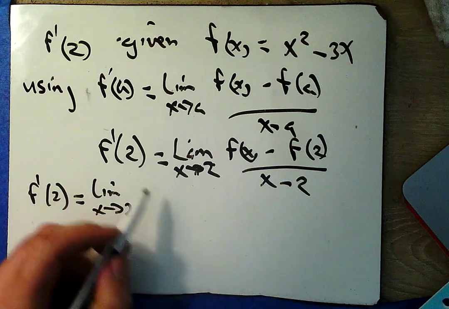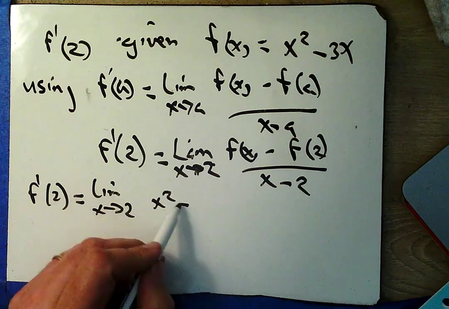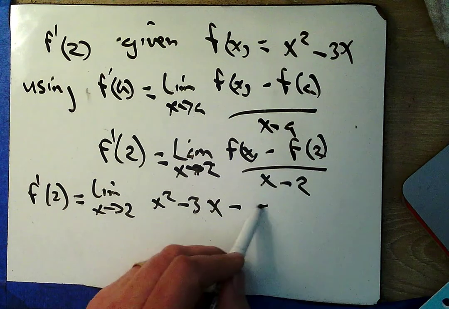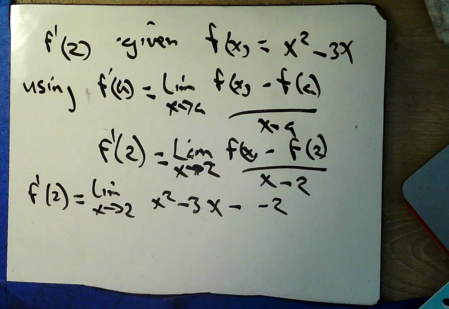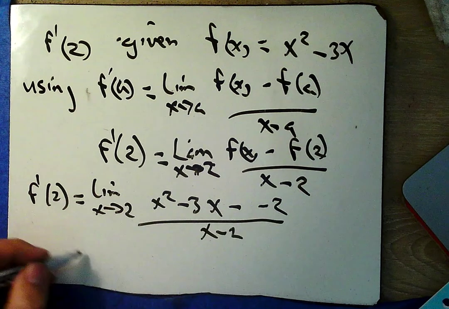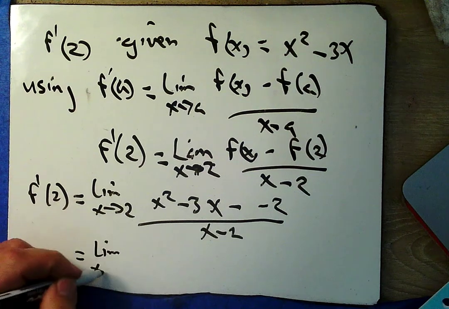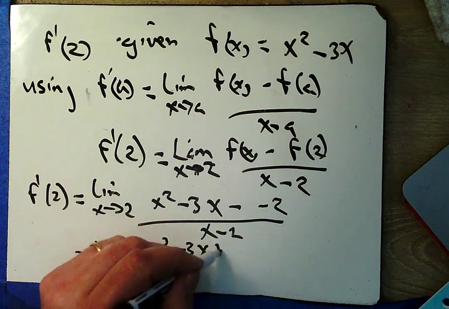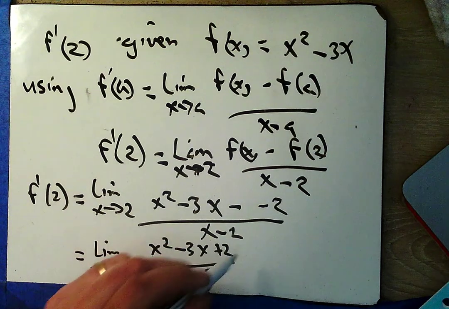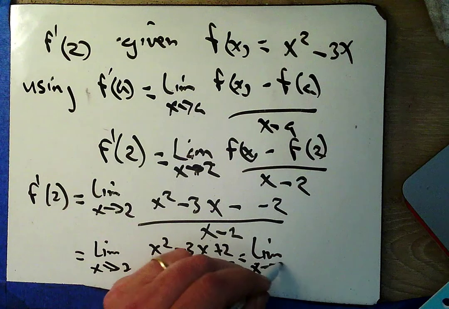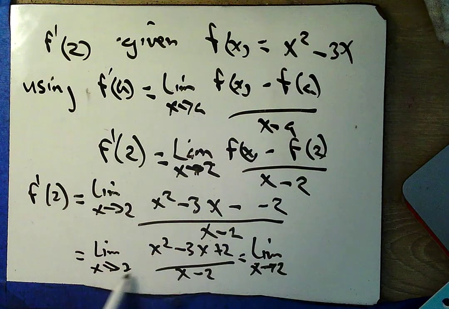Okay. So f of x is x squared minus 3x minus, what was f of 2? Negative 2. Okay? And that's all over x minus 2. Well, let's take this further and say the limit as x approaches 2 of x squared minus 3x plus 2 over x minus 2, because I still can't do the direct substitution.